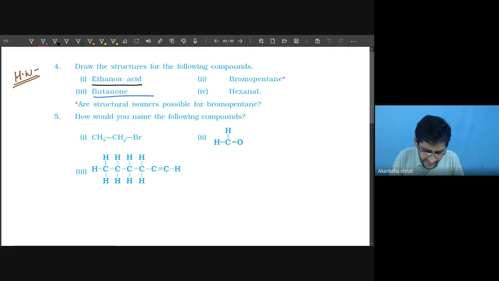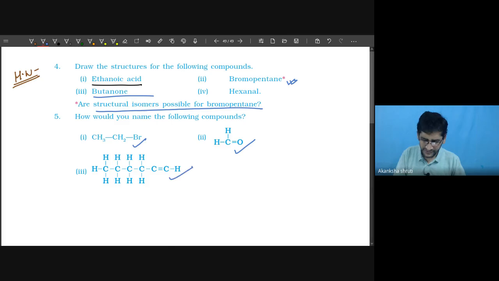Okay, see in these star marks it is asked, are structural isomers possible? You have to write the answer and you also have to draw it. Okay, then for this bromoethane, this is our methanol or formic or formaldehyde.